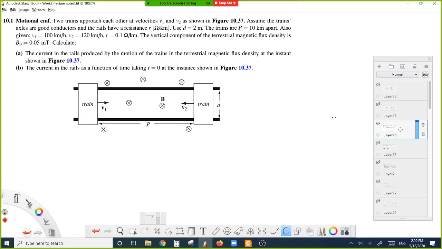We need to calculate the current in the rails produced by the motion of the trains in the terrestrial magnetic flux density at the instant shown in figure. Also, the current in the rails as a function of time, taking t equals 0 at the instant shown in figure.